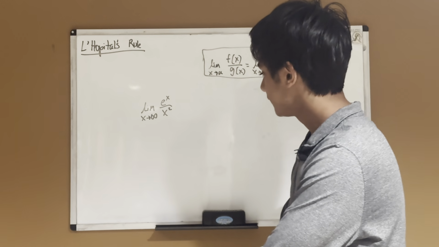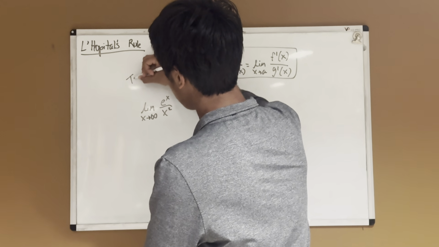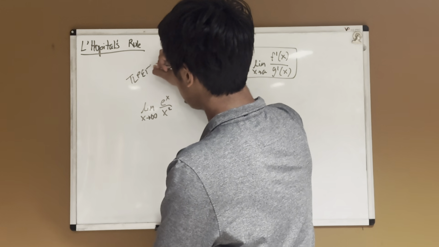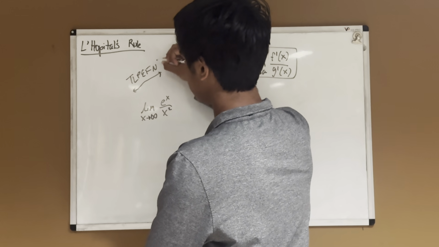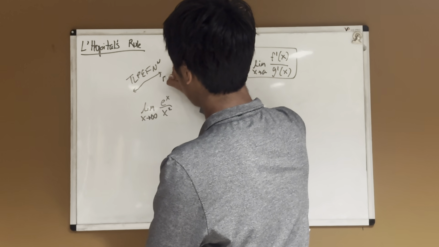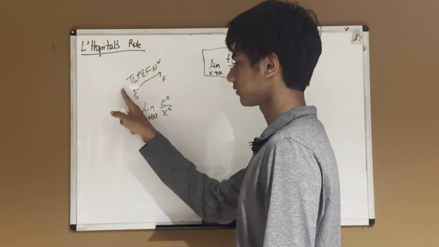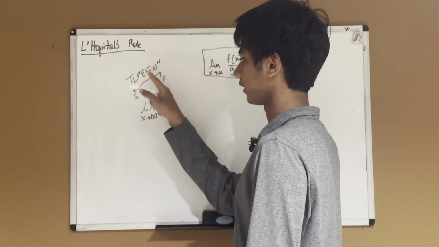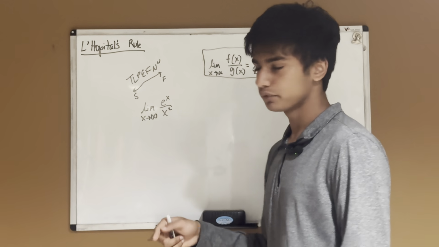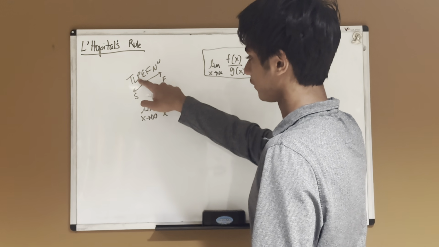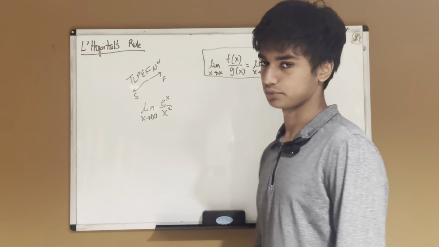In this case, if you know the acronym Tom Likes Pizza Every Friday Night, the slowest growing functions are trig functions, then logarithmic, polynomial, exponential, factorial, and n to the n is the fastest. So exponential is higher than polynomial, so it's going to go to infinity because e to the x is growing faster than x squared.